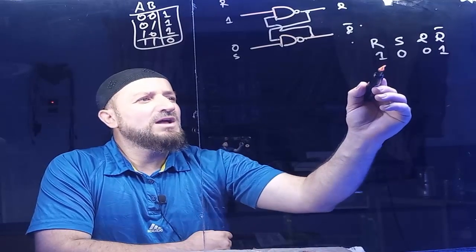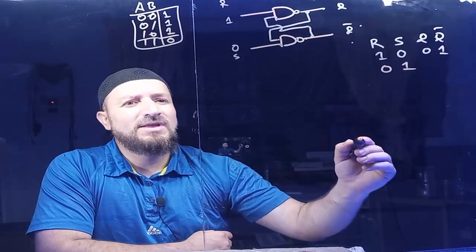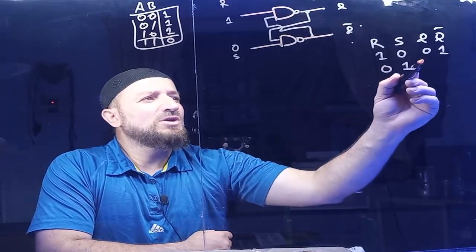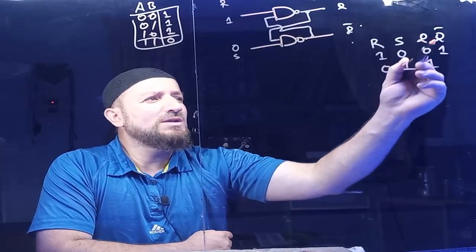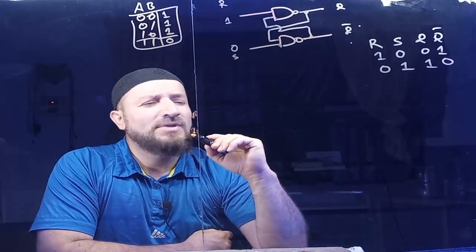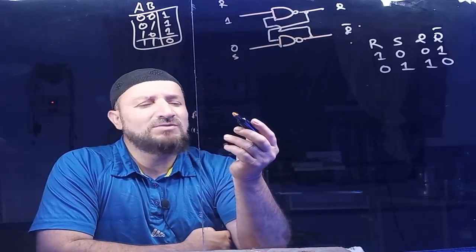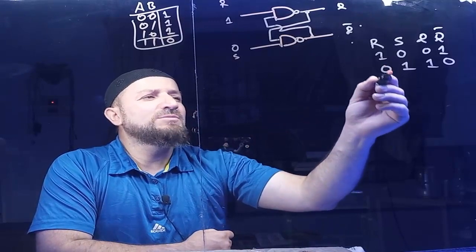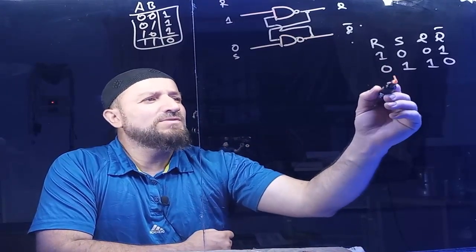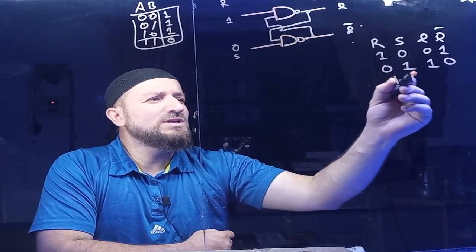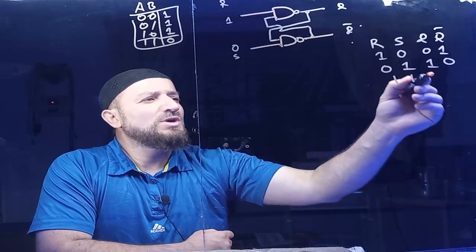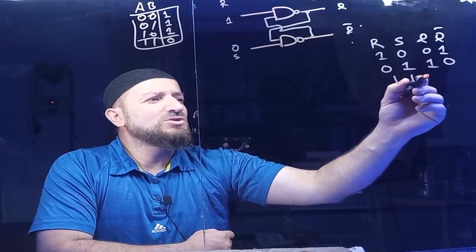Now if R is 0 and S is 1, in that scenario, it's going to set. Set means Q will be 1 and Q complement will be 0. We discussed this in the last topic. In the case of my NAND, the 1 1 state was the memory state. If I have 1 1, it will keep whatever the previous state was, so it repeats the previous state.